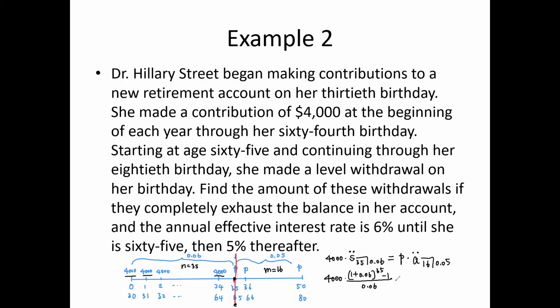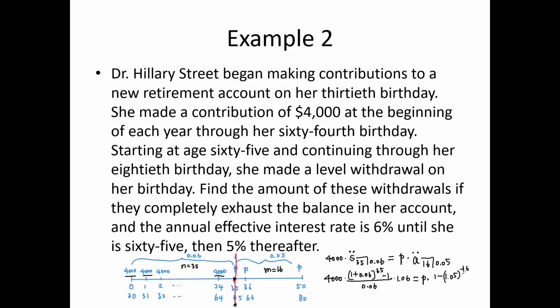That is actually S without two dots, but then I'm going to multiply by 1.06. That will give us the S two dots. So that equals P times, it's A, so it's a present value. So 1 minus 1.05. I've already added 0.05 to 1, okay? And to the negative 16.